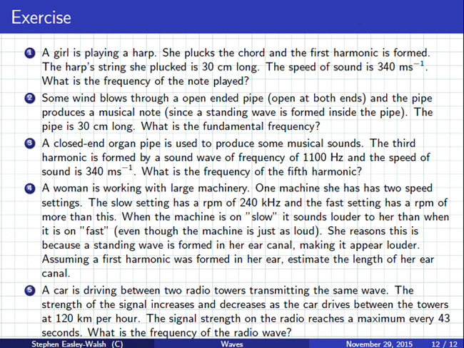Now, if I take this, what you do here is you have your fork, you hit the fork on the table and it makes the note at 500 hertz, and then you put it over the pipe, and if there's a standing wave, then the pipe will start to vibrate a little bit.